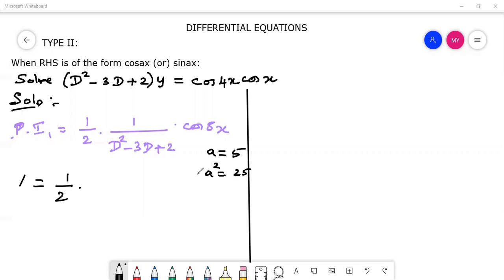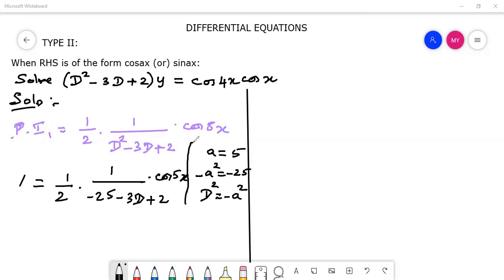According to this format we apply minus a square, so my answer is minus 25. Wherever I have D square, I have to apply negative a square. So now, instead of D square, negative 25: 1 by (negative 25 minus 3D plus 2) into cos 5x. Okay, so now just solve this.